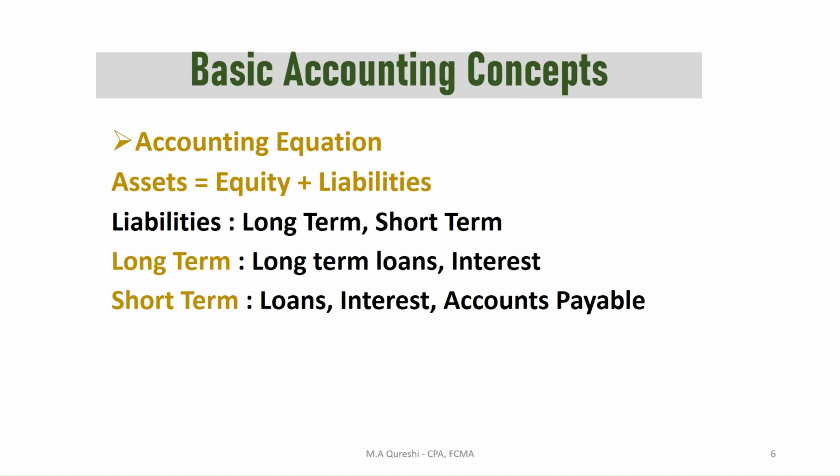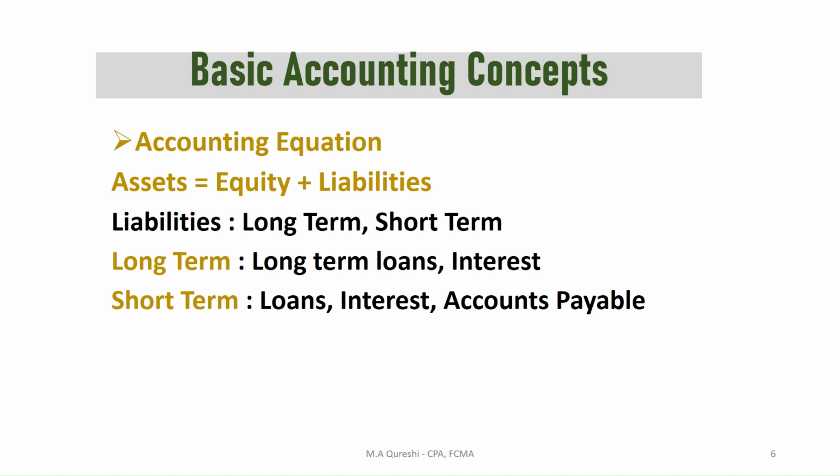One important thing is the liabilities. Liabilities are owed by the company, meaning that they are payable by the company. The liabilities are of two types, long-term liabilities and short-term liabilities. The long-term liabilities are the long-term loans which are payable by the company and the interest thereon, or they may be financial charges or a big amount payable over more than 1 year of time.